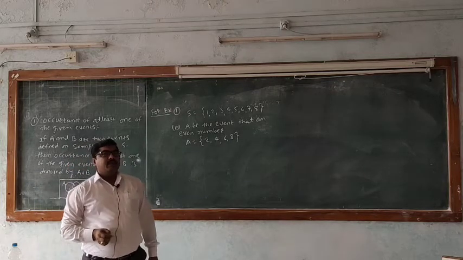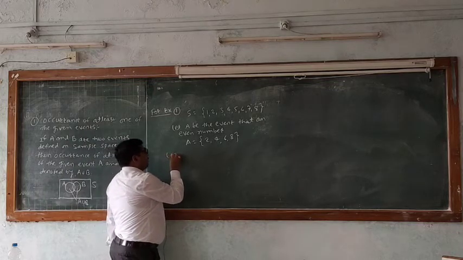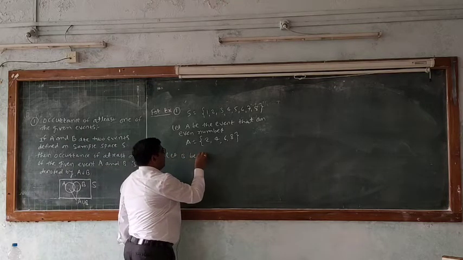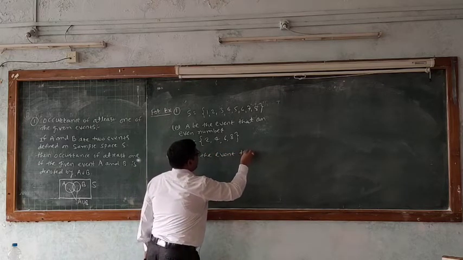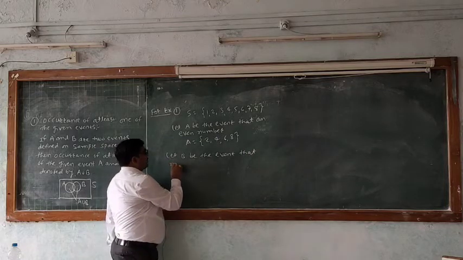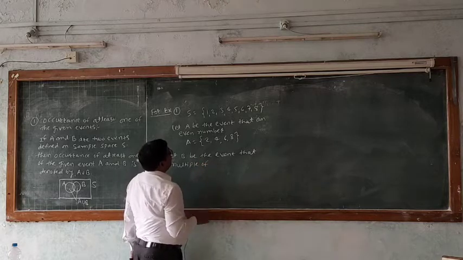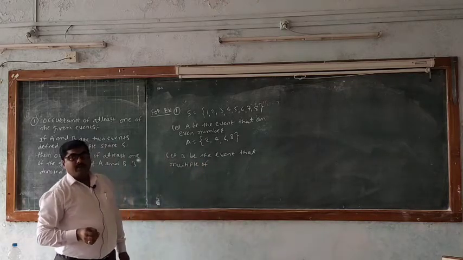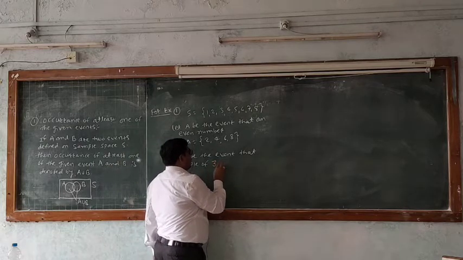Now similarly define B. Let B be the event that a multiple of 3 occurs.